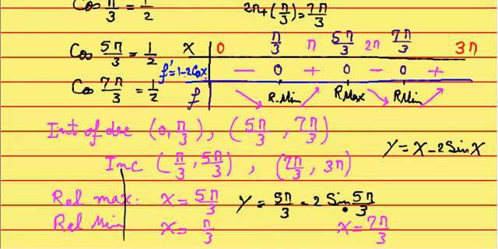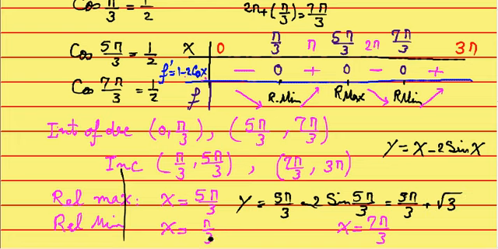Again, issue from trigonometry. What is this? 5 pi third, that's fine. Sine of 5 pi third, that is radical 3 over 2 times minus 2 makes this thing plus radical 3.